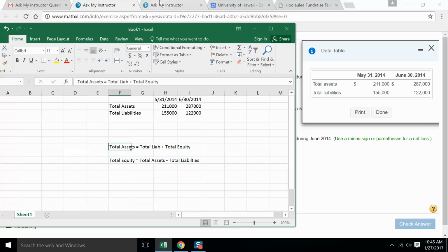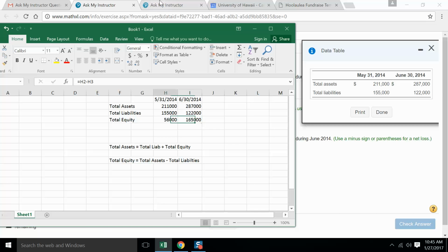Okay. So all I really have to do to get to total equity is to subtract the total liabilities from the total assets. So we'll just do that. 211 minus 155 and 287 minus 122.